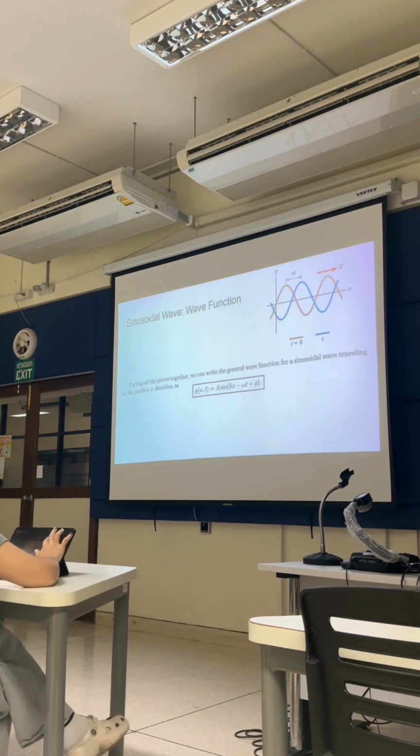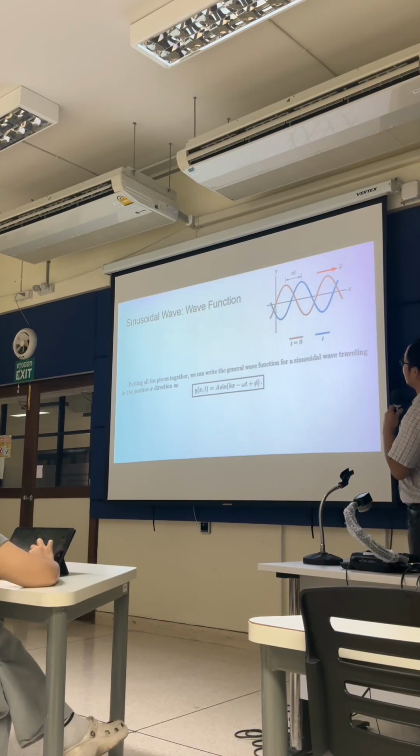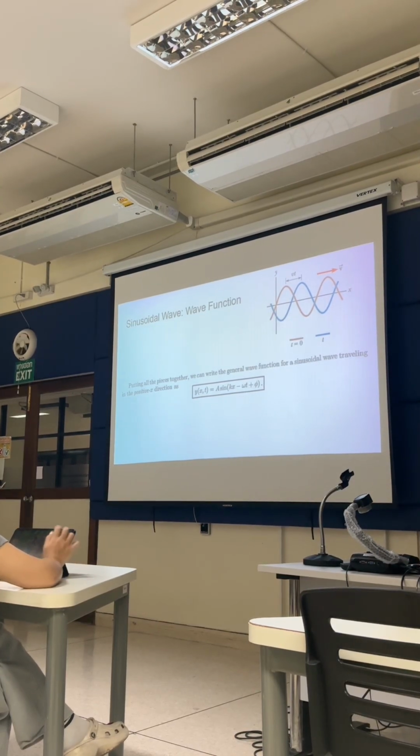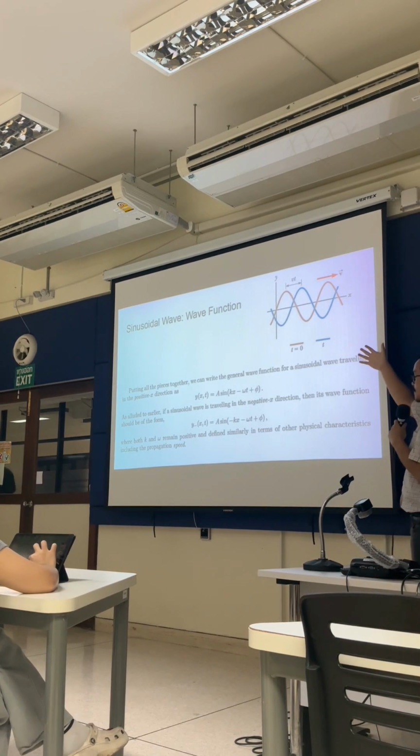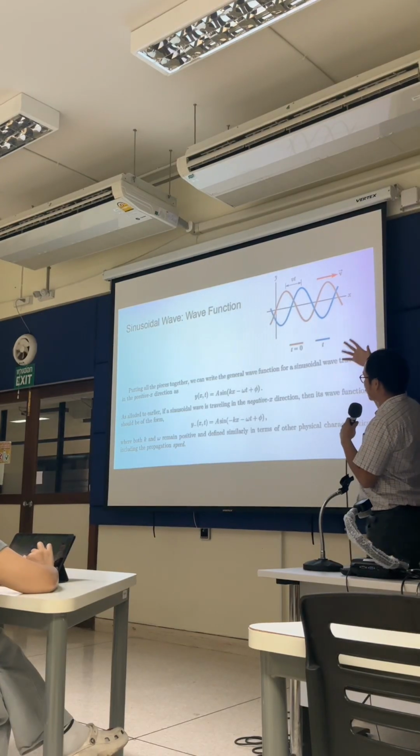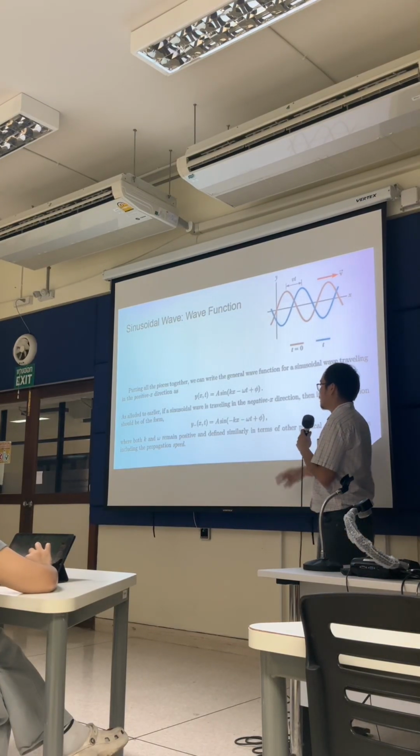And now, with all these considerations for a sinusoidal wave traveling in a positive x direction, we can also do the same exercise for the wave propagating in the negative x direction, or toward the left, and we get this wave function y minus.